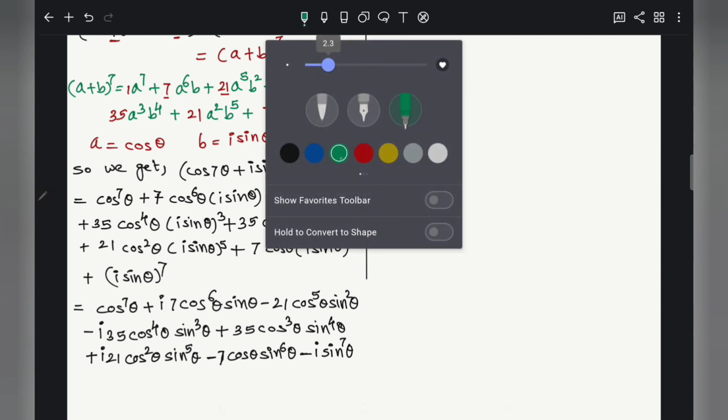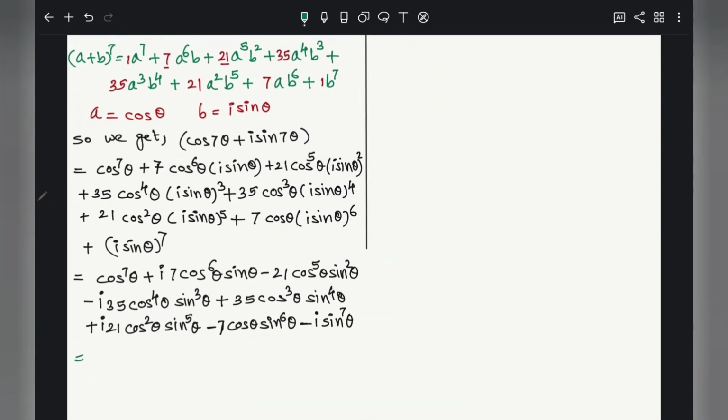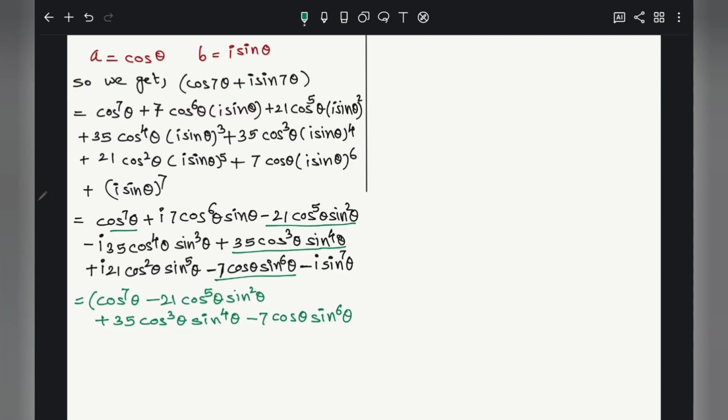And what is the next step for us now? We have to segregate the real part and imaginary part. So here I'll write real part together. So if I can see, these are the terms which will come under real part, so I will quickly note them down. So you can see here the real part I have noted separately.